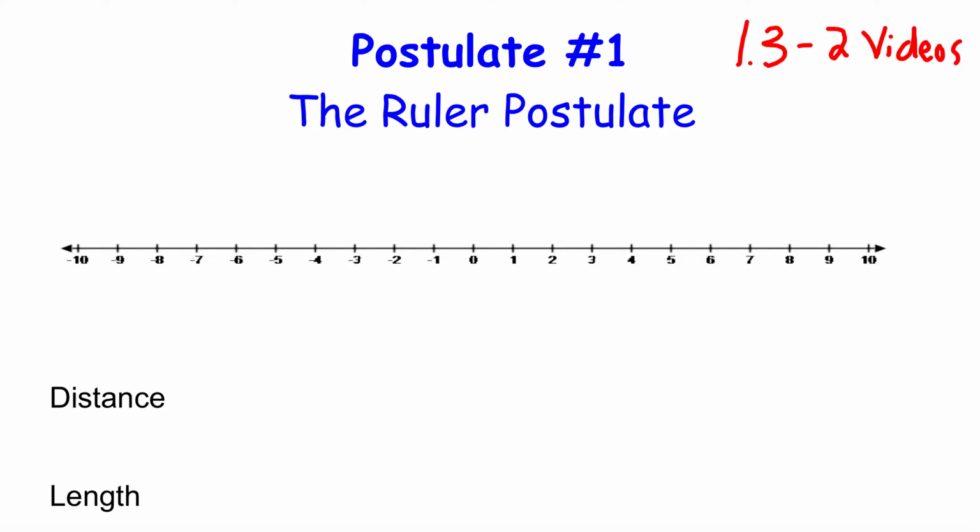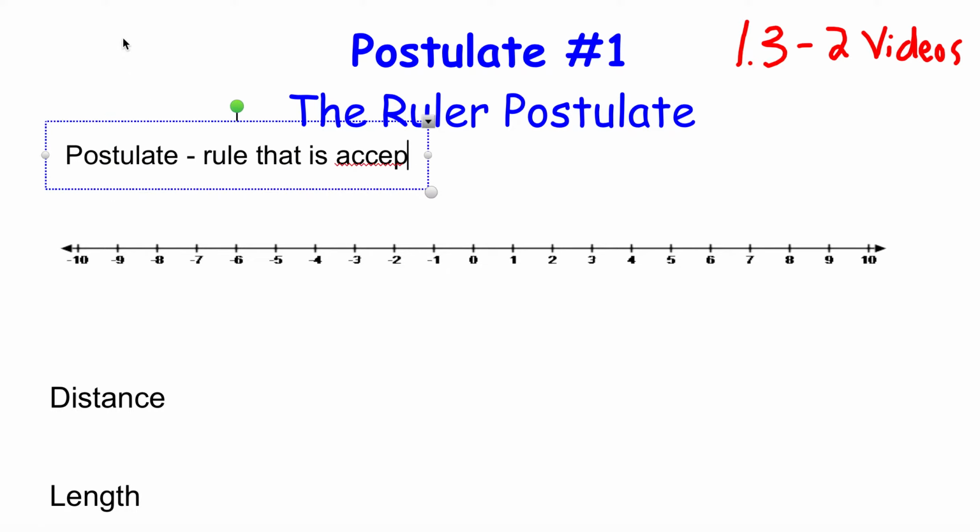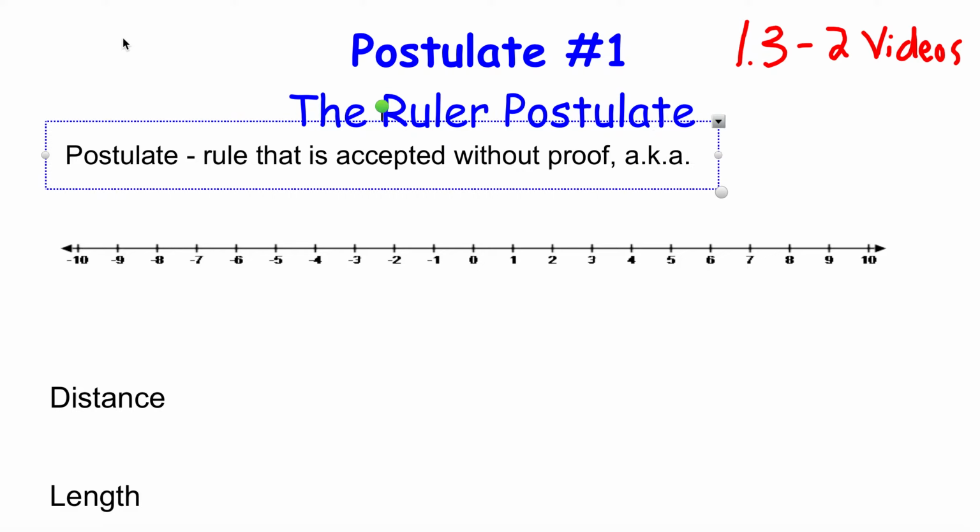And let's talk a little bit about what a postulate is. I mentioned it in the last video that this is part of how Euclid discovered geometry, as he made these rules, but postulates are a specific type of rules. What a postulate is, and you can put this on your definition sheet, is a rule that is accepted without proof, AKA, also known as an axiom.